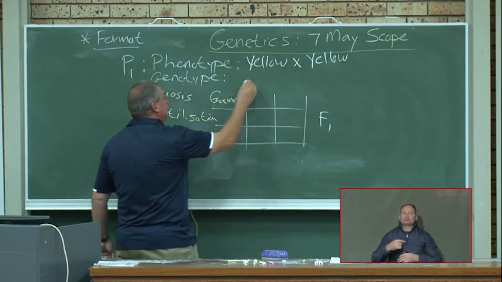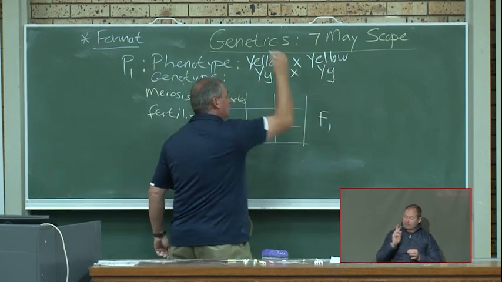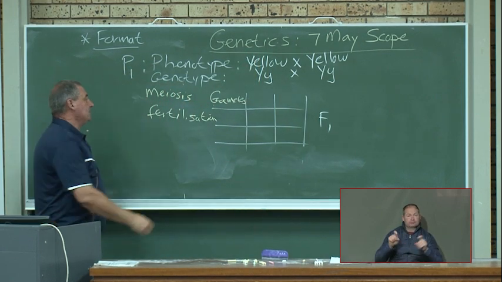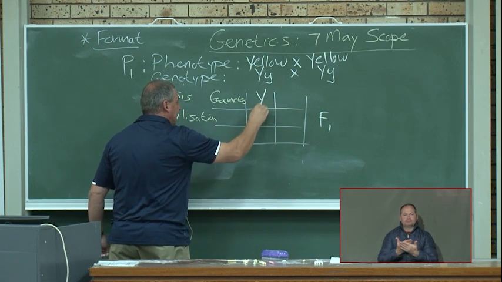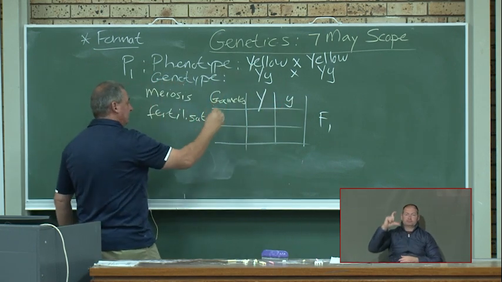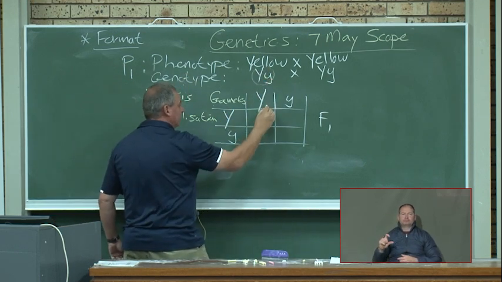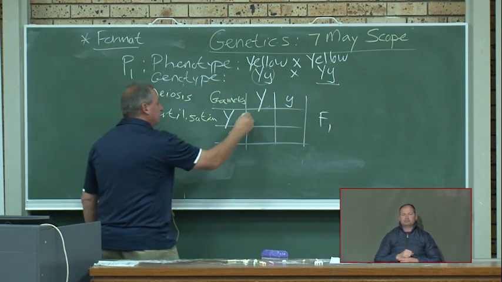Then the genotype, I get it from the question paper. You must write it according to this format. Phenotype, genotype. Then I'm ready to put it in my Punnett square. There's a line that divides capital Y from small y. Capital Y, small y. I've just taken this one, I've written it here, I've taken that one, I've written it there.